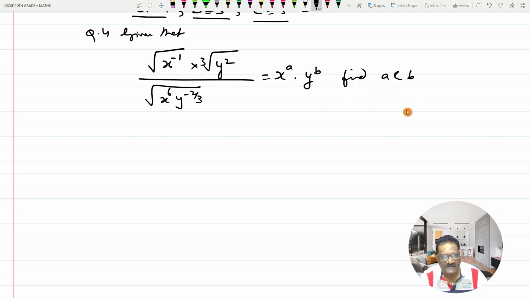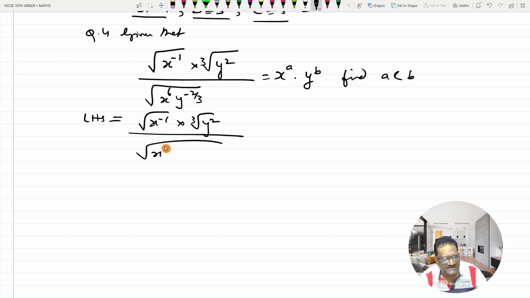Find a and b. Okay, so again let us start with LHS equal to, so root of x raised to minus 1 into cube root of y square upon square root of x raised to 6 y raised to minus 2 by 3.